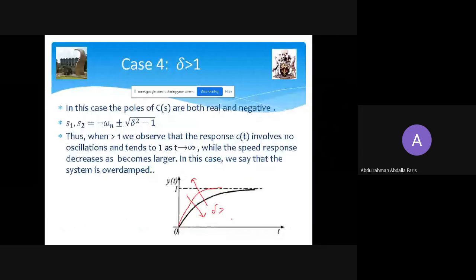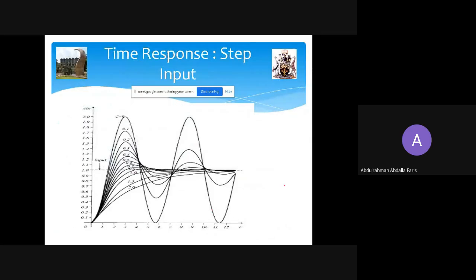So this is an example of the time response of a second order system with a step input. You can see here we have delta equal to 0. With delta equal to 0, we have oscillations which are sustained. They go on forever like that, and we don't want that.